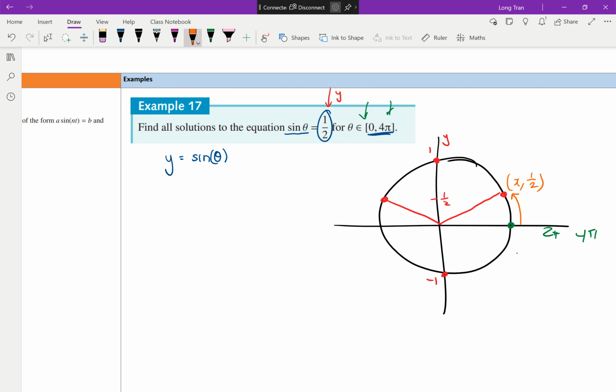The question is, using your exact values, this is why you needed to memorize them, what angle will give you a height of half? So go through your exact values again. If you have your tables, or the way you can think about it, sine, which is the y values, sine of what angle will give you half?